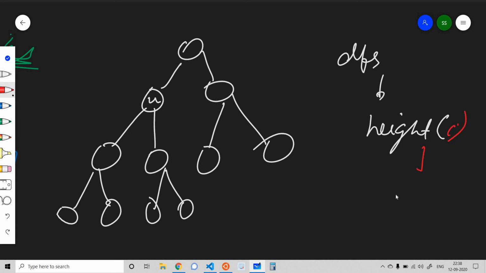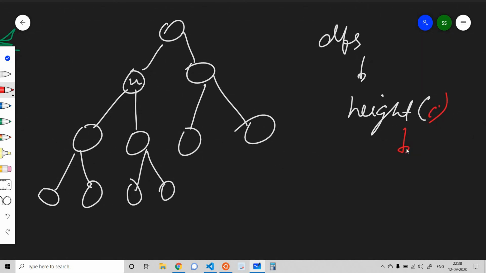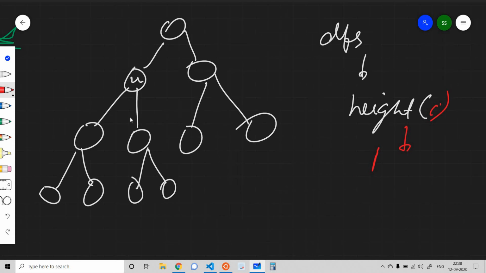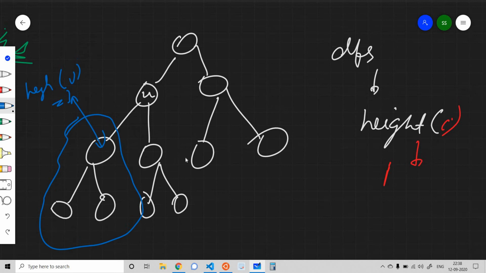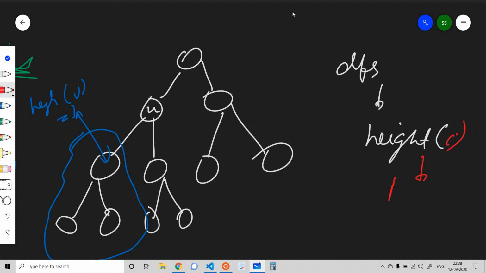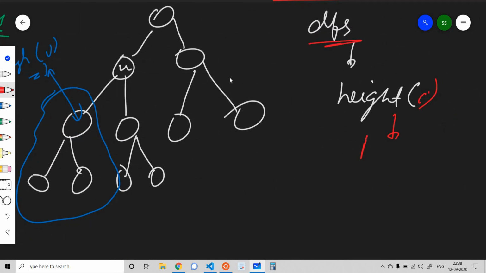So height of i represents the height of the tree rooted at i. So it will only tell the number of nodes where i is the root. So if I am finding out my height value for this v, it will be 3. So I have found out the height for all the nodes. Okay, this I have done using my DFS function.